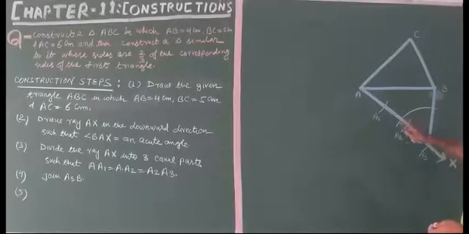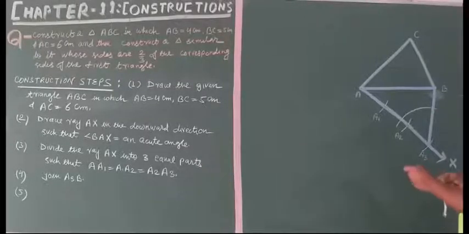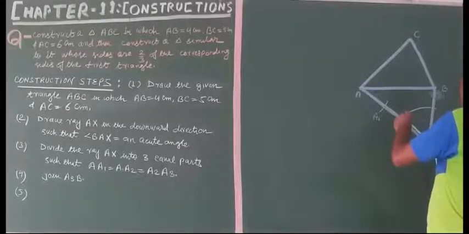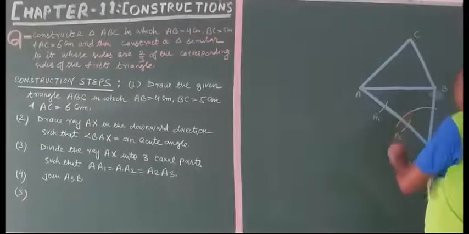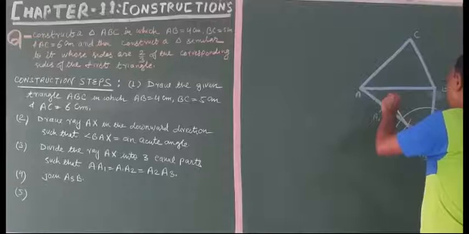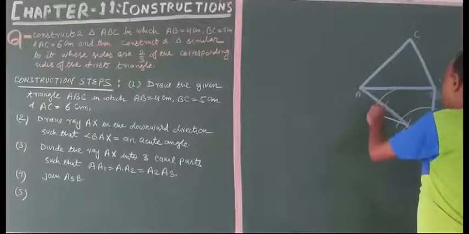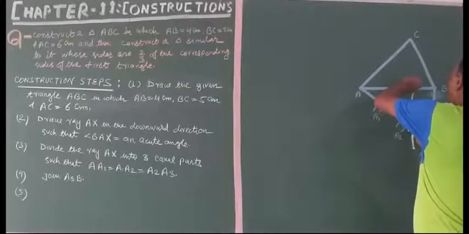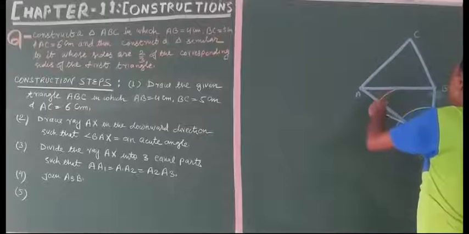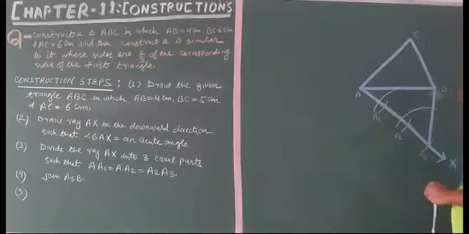This line means AX and A3B at 2 points, and then with the same radius, we will put this metal point here, and again we will draw another arc.